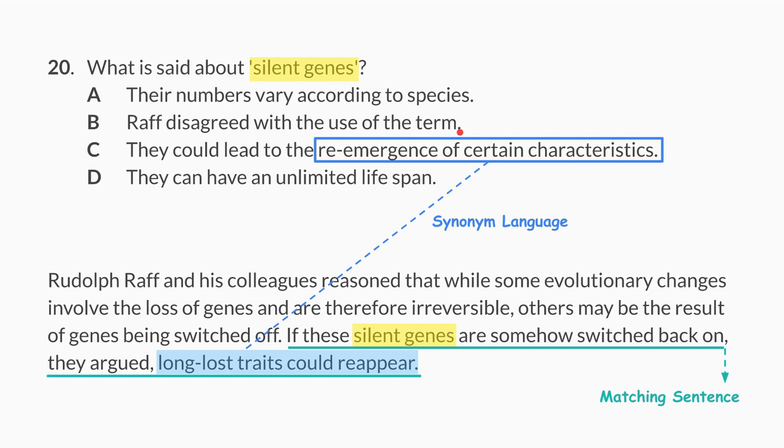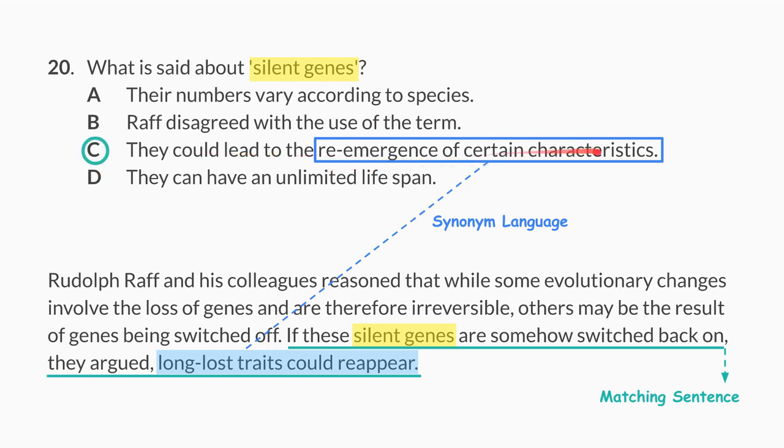In fact, we actually did not even have to read this sentence, because after I found Raff, the next thing that I should have done is simply scan for disagree or disagreement. And I don't see anything about disagreement here, so I wouldn't even have to read this sentence. So our answer is right here. Our answer is C.